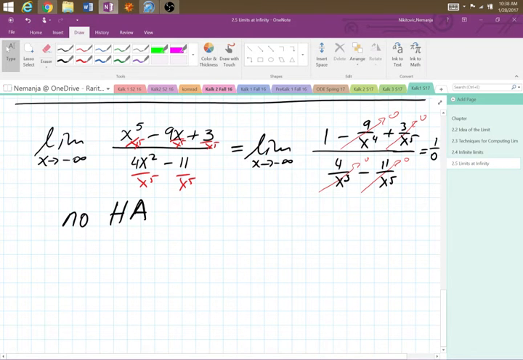Slant asymptote occurs when you do the long division. Slant asymptotes occur when you have exponents off by 1, so the exponent in the numerator is 1 larger than the exponent in the denominator. And behavior for polynomials and rational functions, we talked about all of that. They put that stuff in boxes.